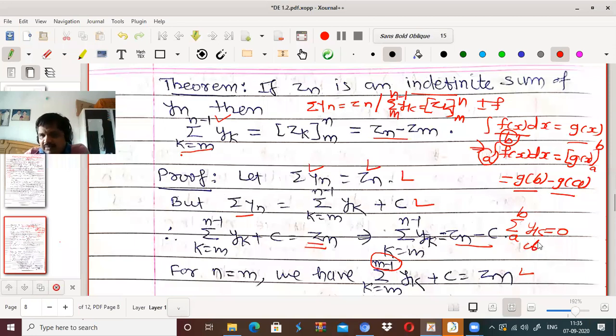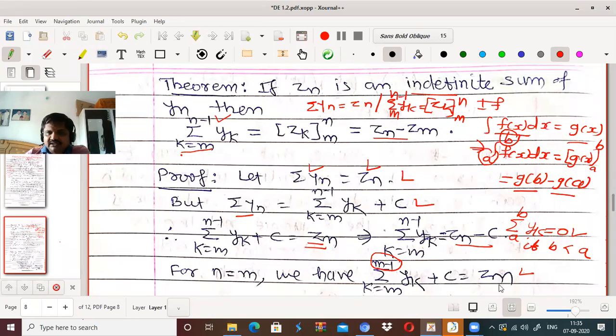This is the fundamental principle of summation. If your upper limit is less, then the summation, whatever it is, will be 0. That we have seen. So this is 0.